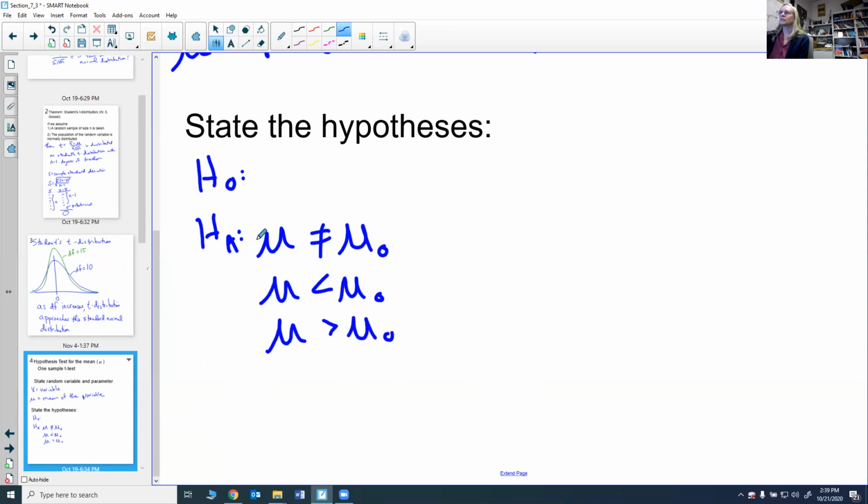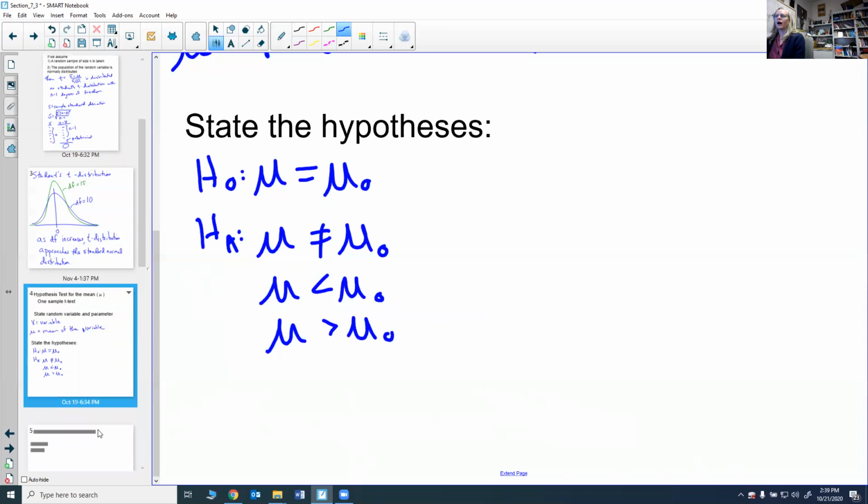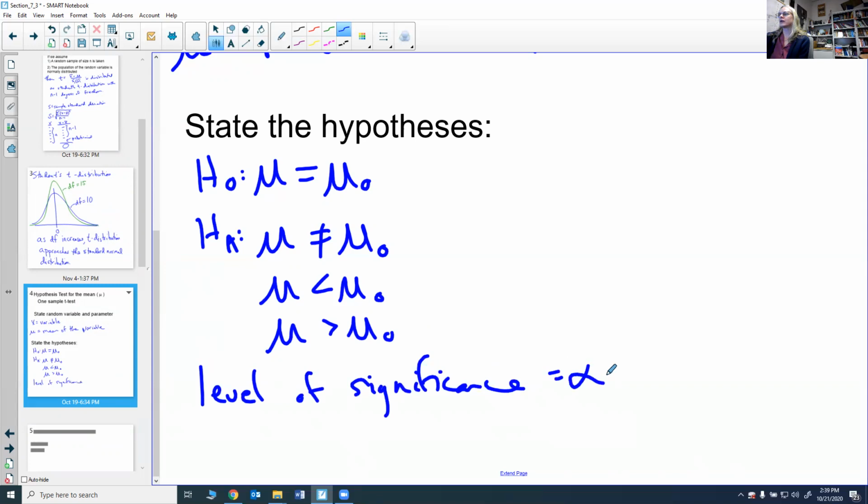These days, we usually just do the not equal to, but I do want to mention the other two are there. Your H0, therefore, is always an equal statement. You would also state your level of significance. And that's your alpha.